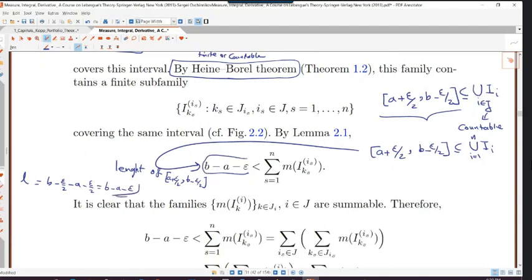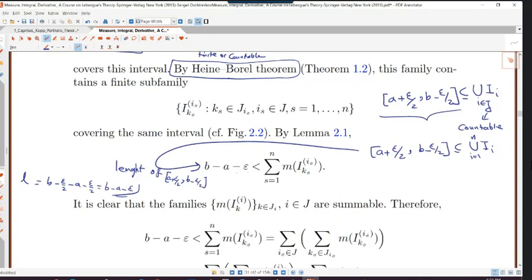Okay, so B minus A minus epsilon is less than or equal to the sum of m of these I k's, relative to I's, s from 1 to n.